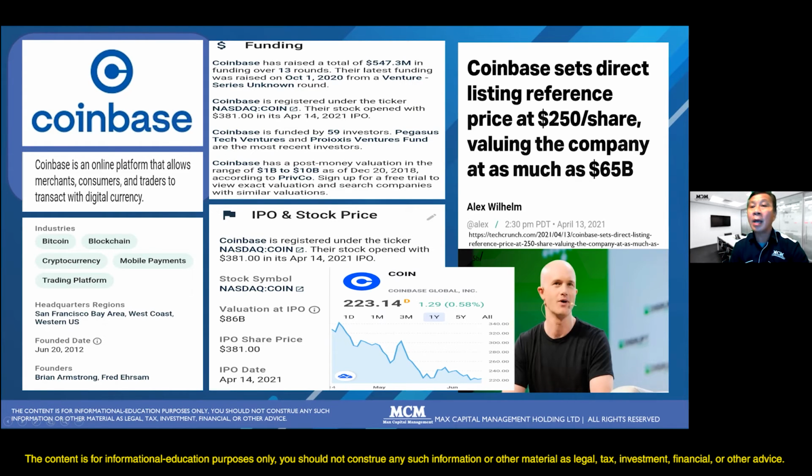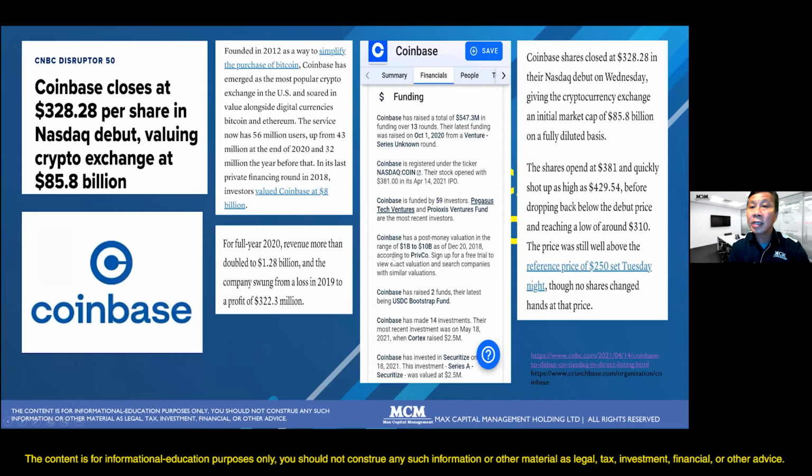During its listing, the price of Coinbase went as high as $428, giving a market cap of almost more than 100 billion. So this is quite a historic feat for Nasdaq, being a debut at Nasdaq.